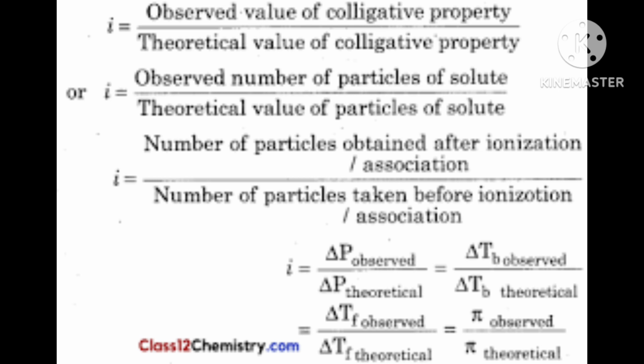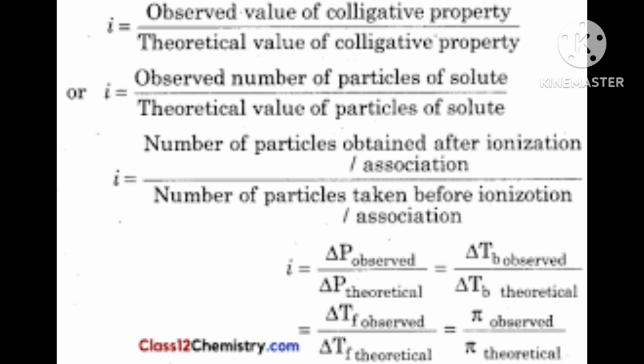And when boiling point decreases, then again molecular mass and boiling point are inversely proportional. It means if boiling point is decreasing, then molecular mass will increase. And how much will it increase? If 2 is becoming 1 in case of association, or 1 is becoming 2 in case of dissociation, then it will multiply by 2.